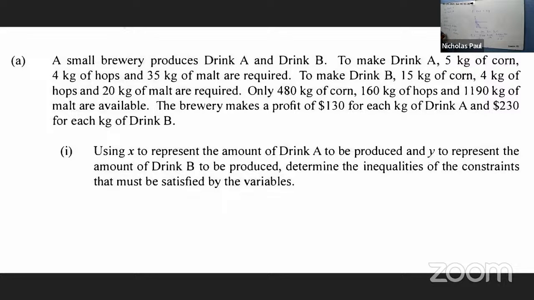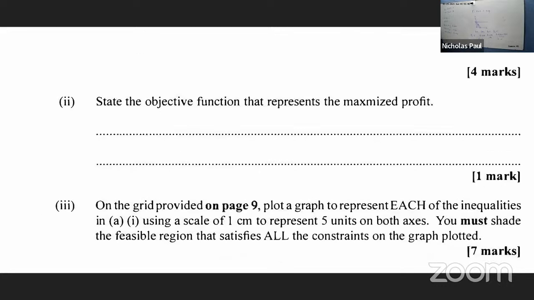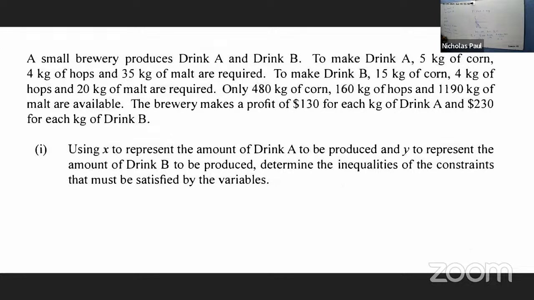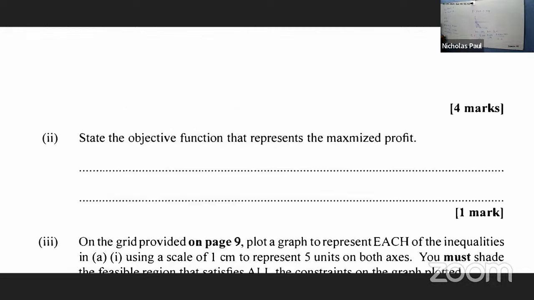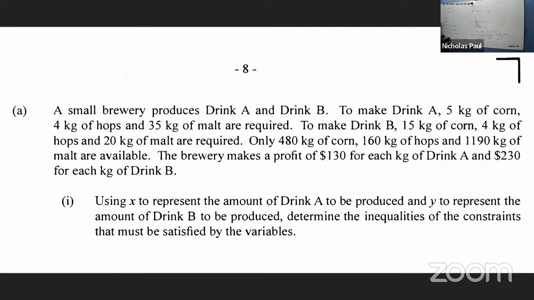To make drink A, you need 35 kilograms of malt, and to make drink B, you need 20 kilograms of malt. Okay, so those are your 5 inequalities. And then the last part is state the objective function. So the objective function is 130 by x plus 230 by y.